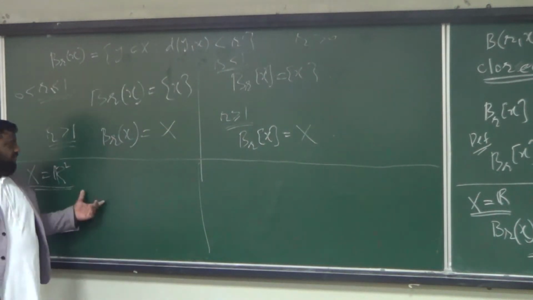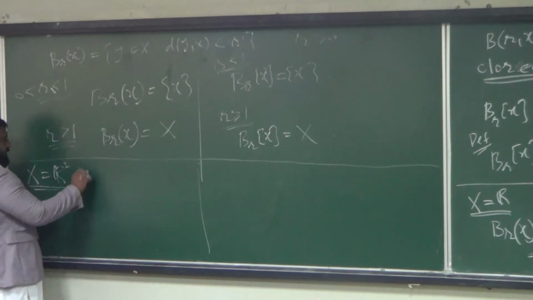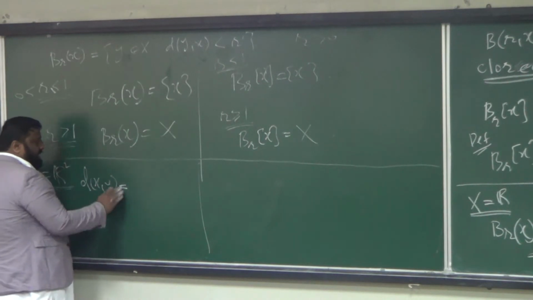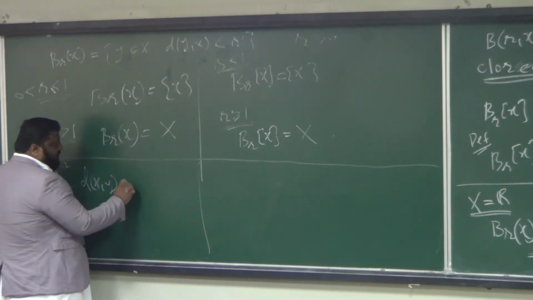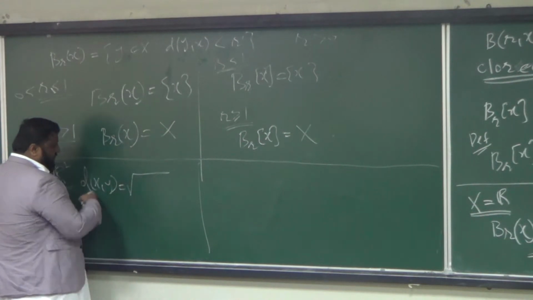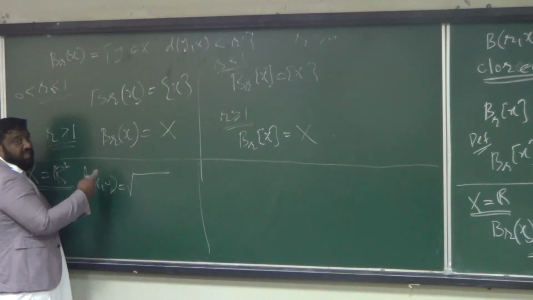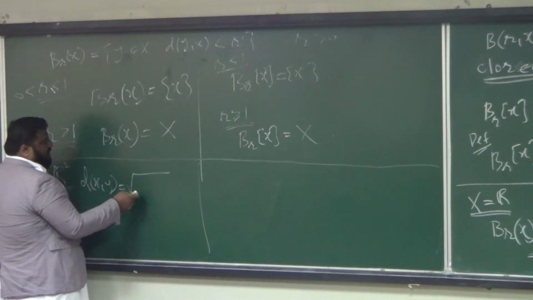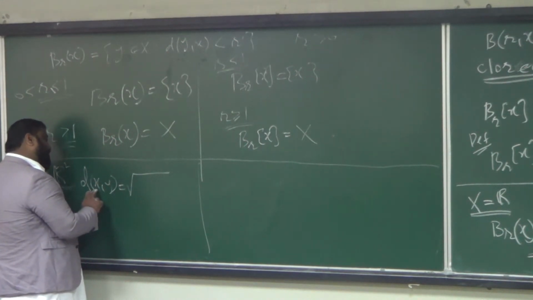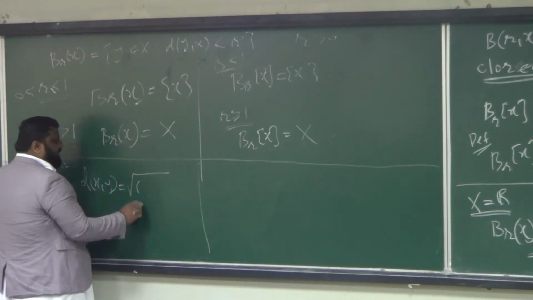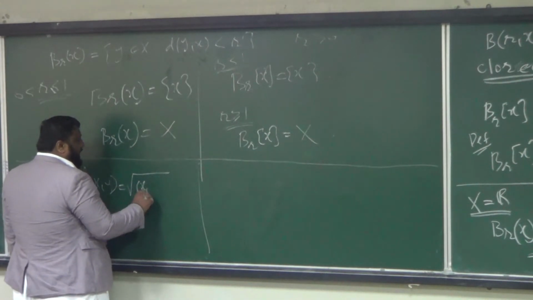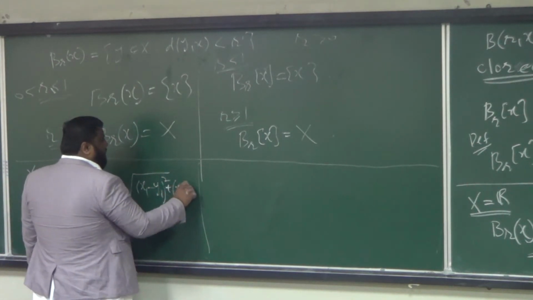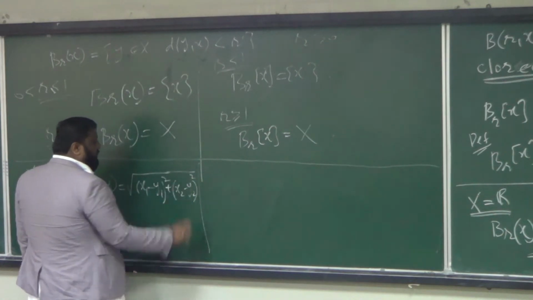Okay, so we can take the Euclidean metric. So d(x, y) equal to what? If x is comprised of x1, x2, and y is y1, y2, then it's going to be the square root of (x1 minus y1) squared plus (x2 minus y2) squared, something like that.